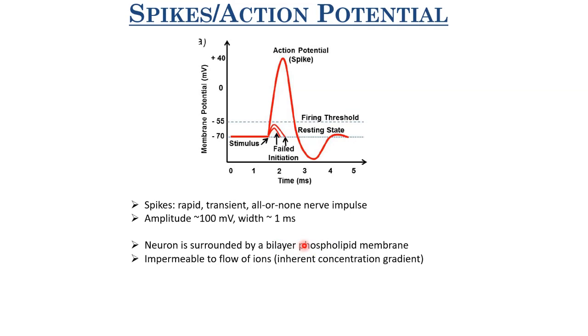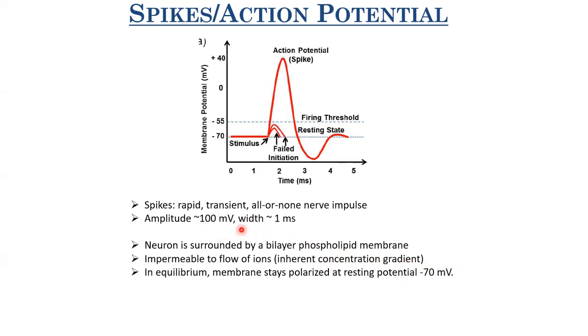Because this membrane is not allowing any ions from outside to flow into the neuron, or any ion from the neuron to flow outside of this membrane. Because of that, there is an inherent concentration gradient, and because of this, your membrane in equilibrium, or in an unperturbed state, stays polarized at a resting potential of minus 70 millivolts.